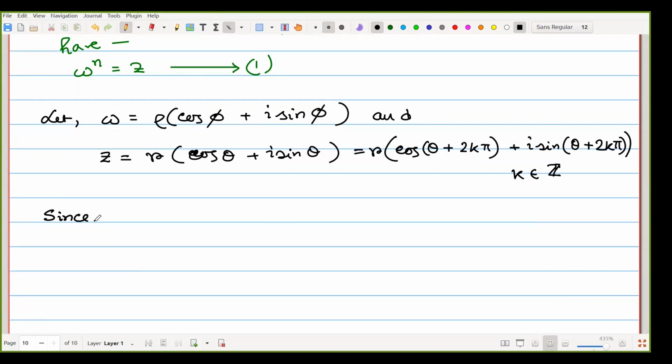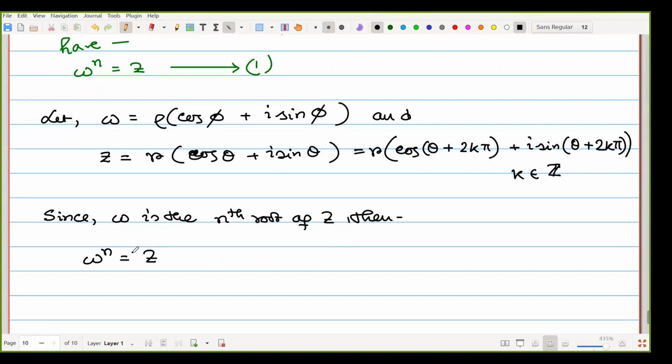Since omega is the nth root of z, we can say omega to the power n is equal to z.